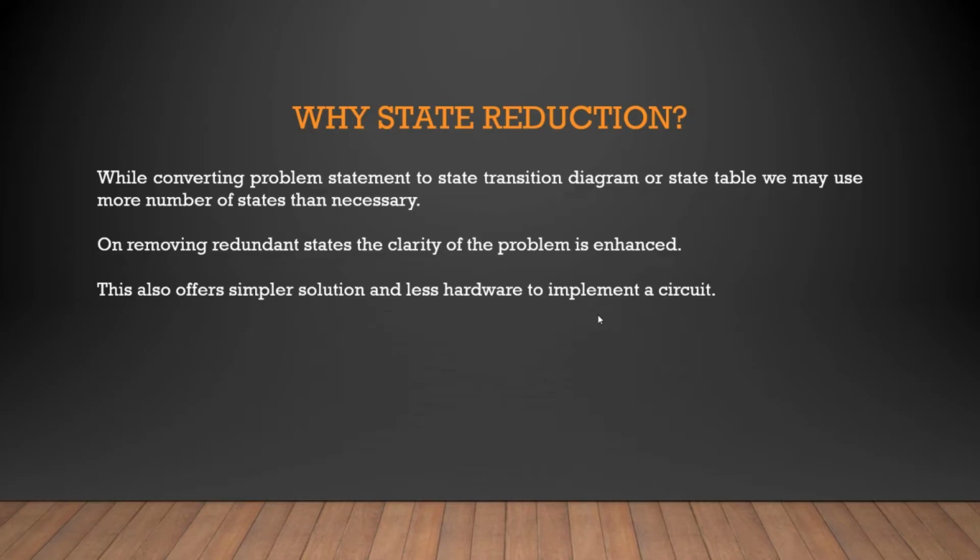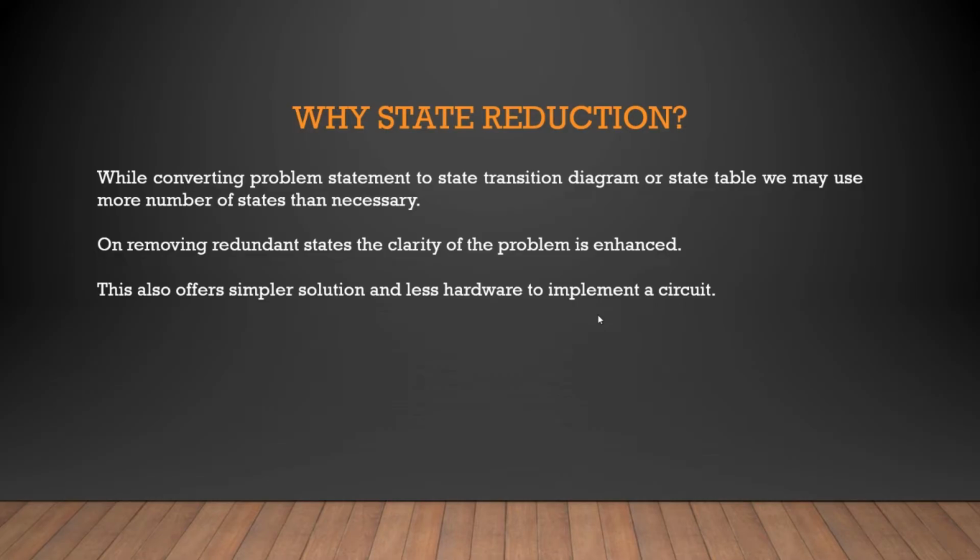But while we are converting the state diagram that is given to us into a state transition table, it might so happen that we use more states than is necessary. And that might happen without our knowledge, right?